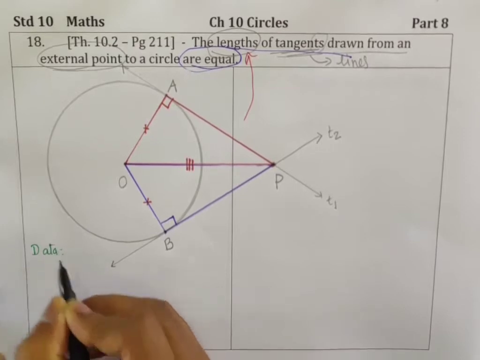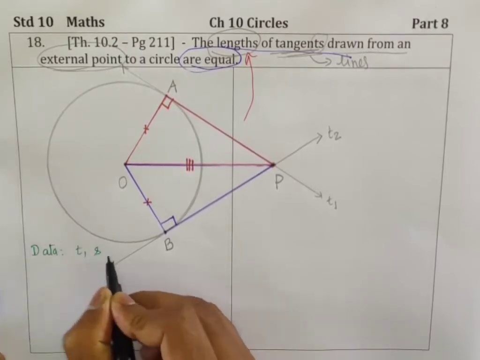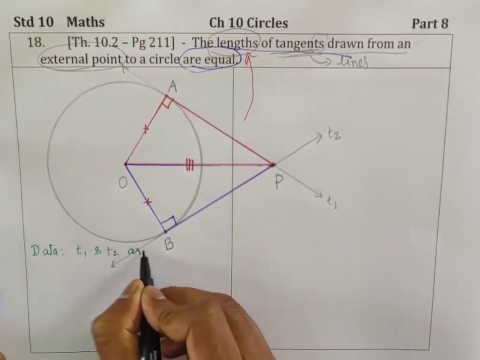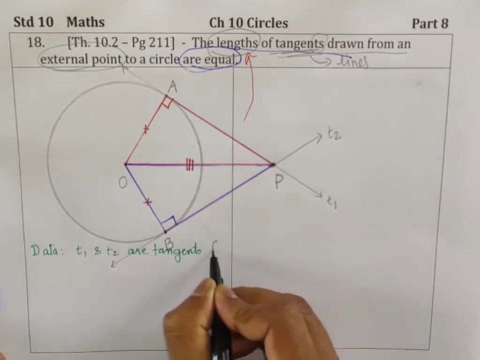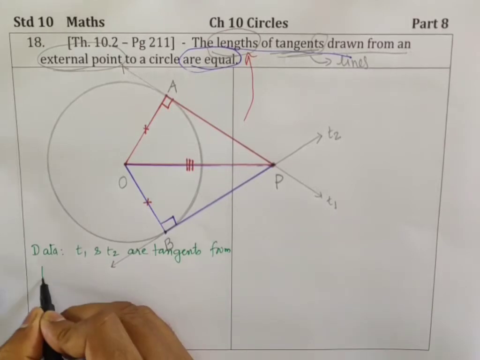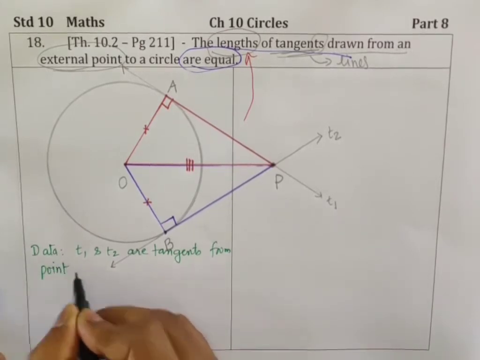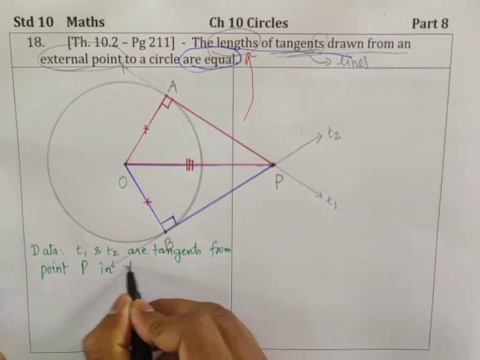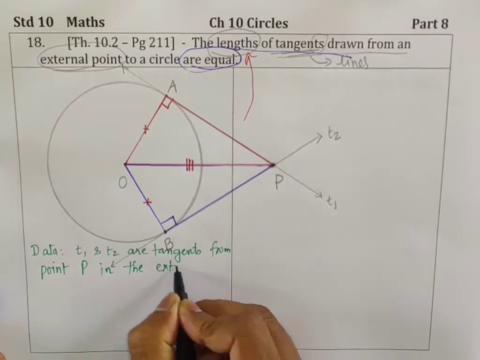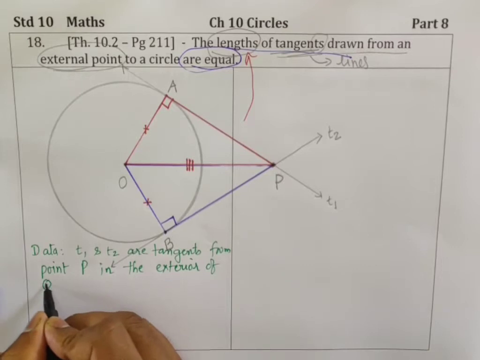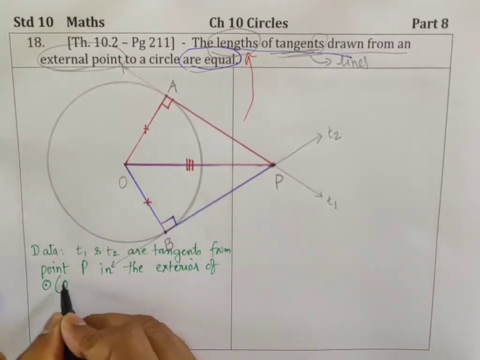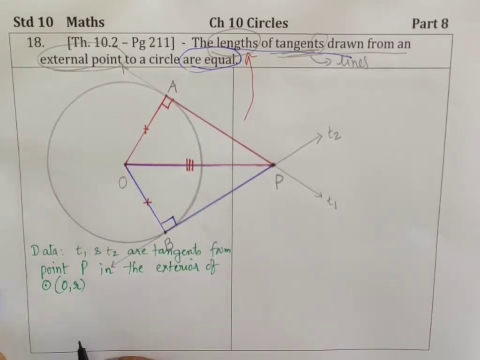Data. T1 and T2 are tangents from point P in the exterior of circle whose center is O and the radius is small r.